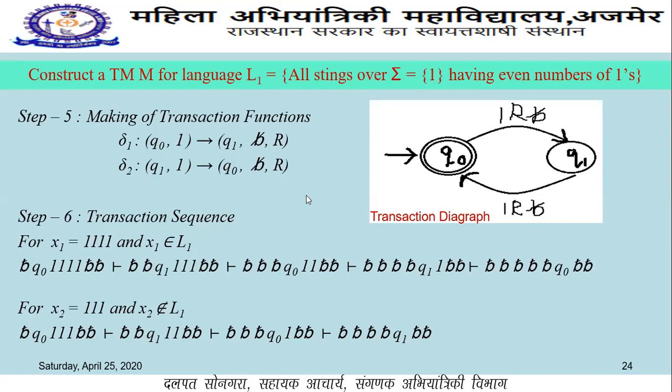Now step 4 tells us to repeat steps 5 and 6 until we reach the halting state. Okay, so what is step 5? Making of transition functions. Here I have already written both of these transitions, but we write them one by one as and when required.